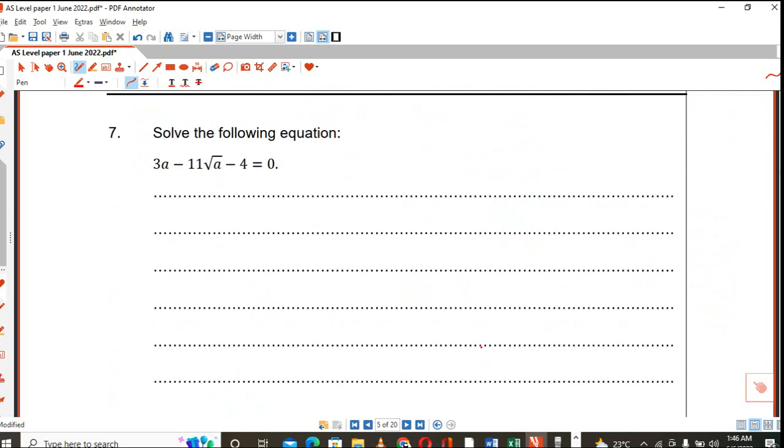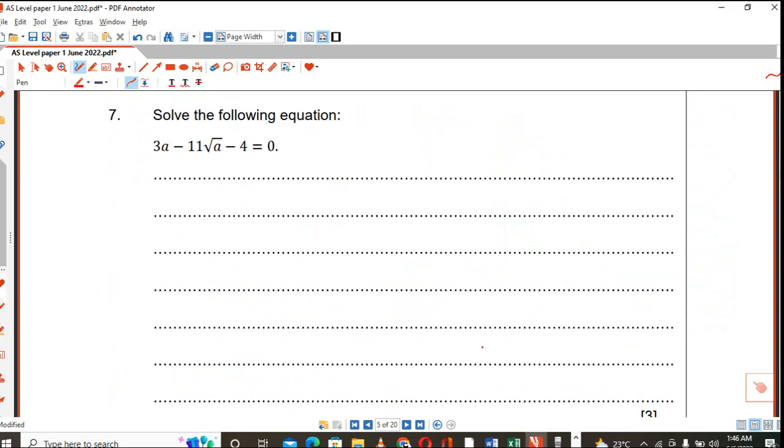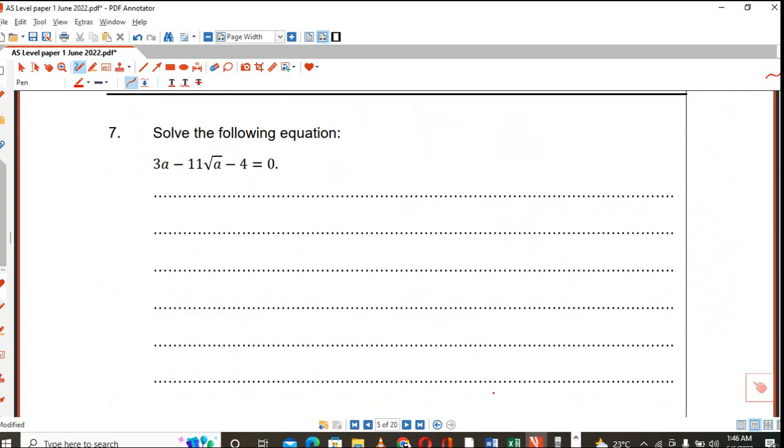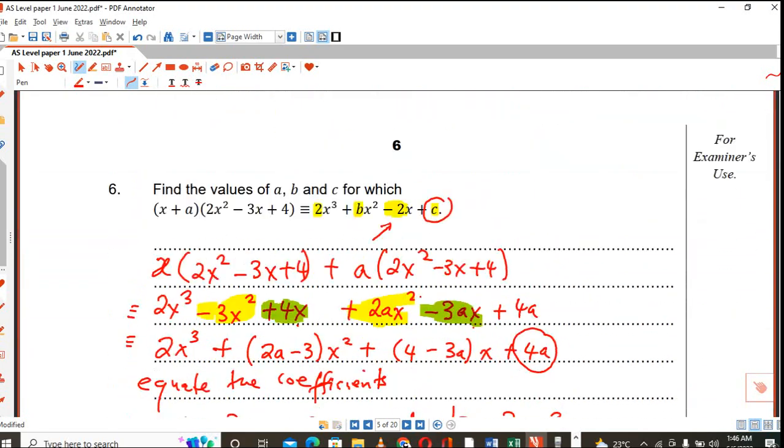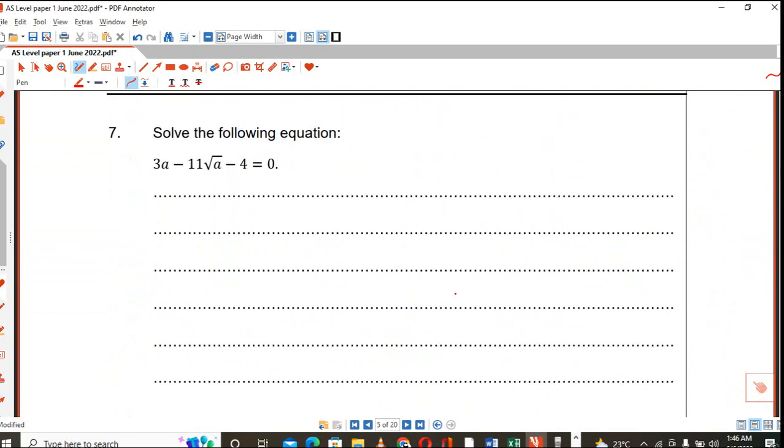Perhaps I can take question 7 in as much as I can. I was doing question 3 and 4, also 5 and 6. I can perhaps take question 7 also in this one. Right. Well, there are a lot of things that you can remember. The square root of a is nothing but a raised to the power half. There are many ways that you can do this. All right.